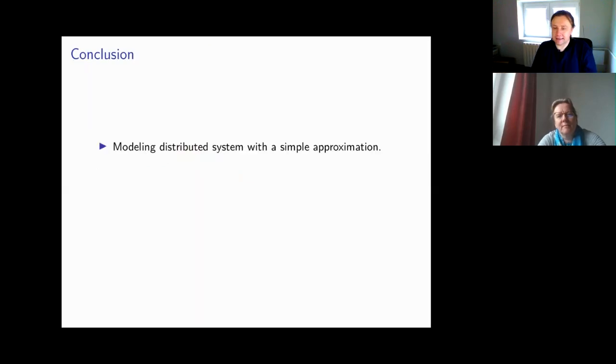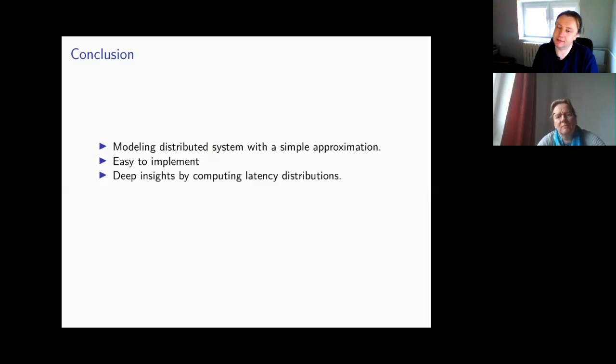So again, if we have this simpler approximation of everything as a latency distribution, we can model distributed system performance successfully. It's easy to implement in Haskell. And we can actually look and verify deep insights about latency distributions using just QuickCheck. Just check that most of the time it's good, by random sampling of latency distributions.